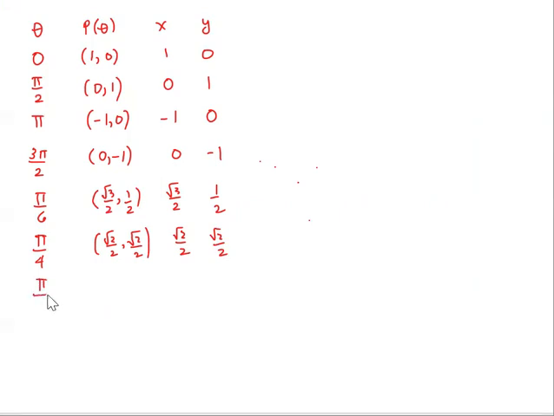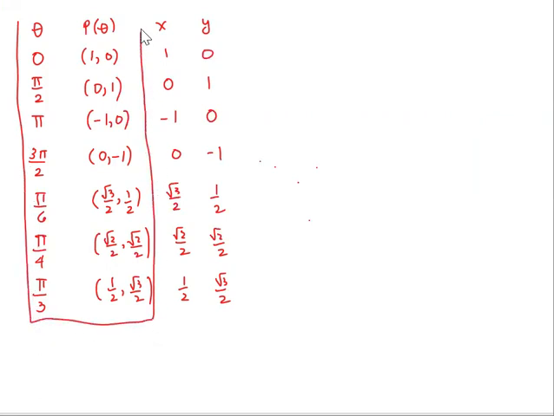For 60 degrees or pi over 3, the terminal point is 1/2 comma square root of 3 over 2, so x is 1/2 and y is square root of 3 over 2. You just need to remember these terminal points.